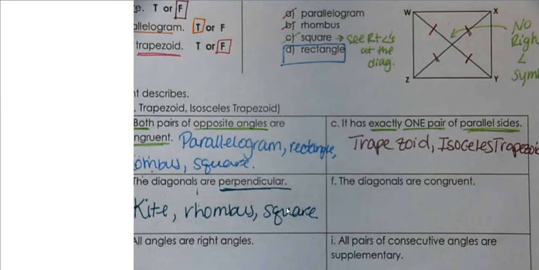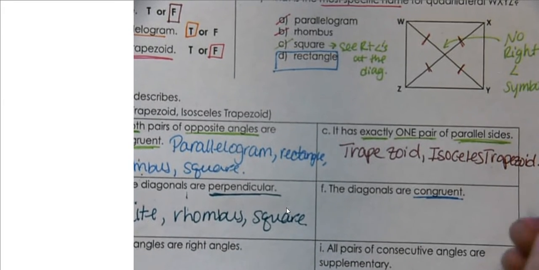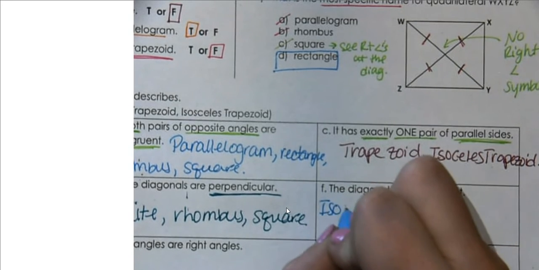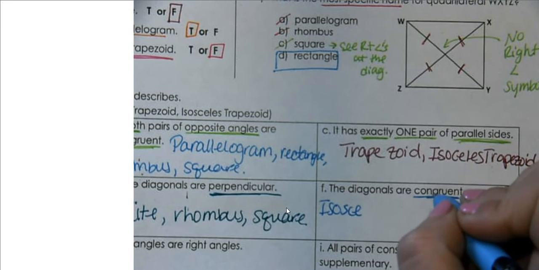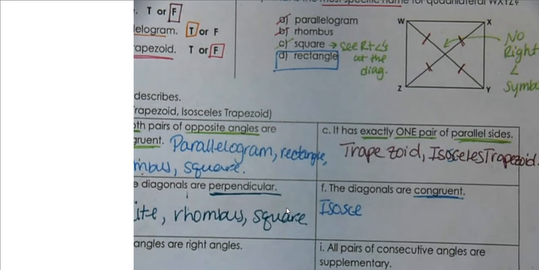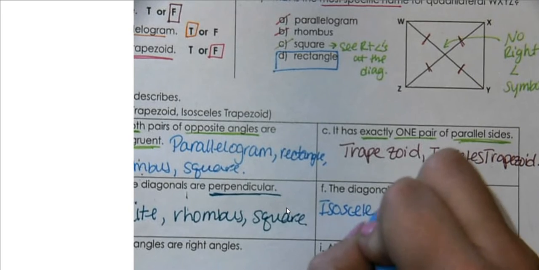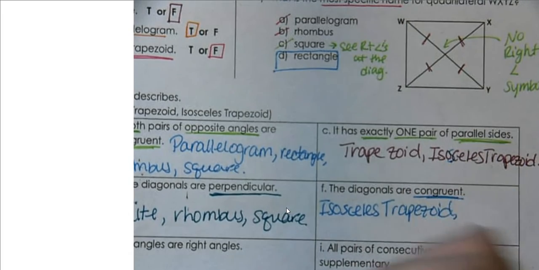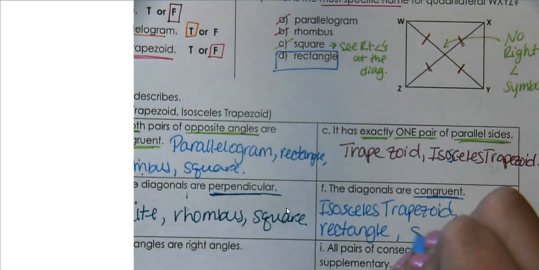The diagonals are congruent. So the diagonals are congruent in an isosceles trapezoid, and a rectangle and a square.